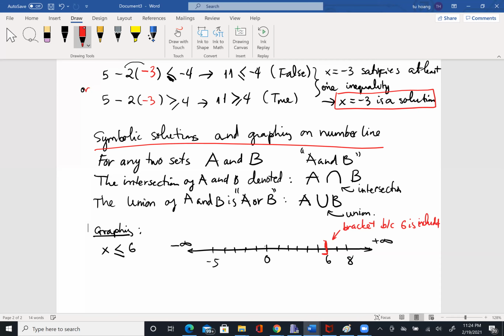Why is 6 included? Because here x is less than or equal to 6.